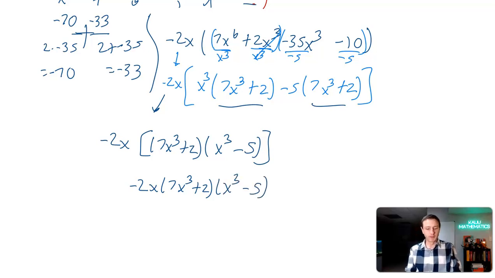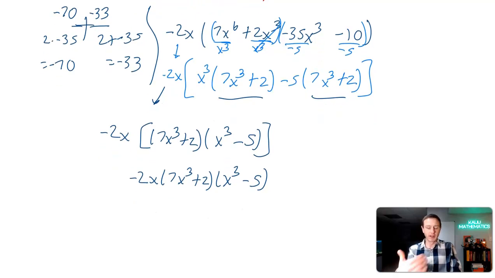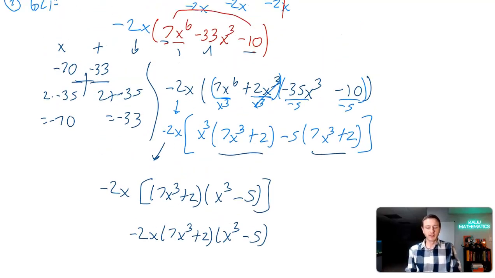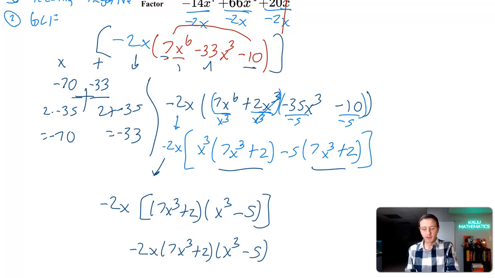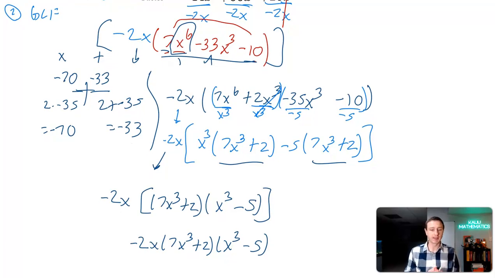This is an awesome problem because, even as I was talking, I was trying to lead it like, hey, we factored out a GCF, we got a weird looking trinomial on the inside, probably can't factor it, move on. Not necessarily. You want to look at the variables with the exponents and see, is there a relationship that can be made here?